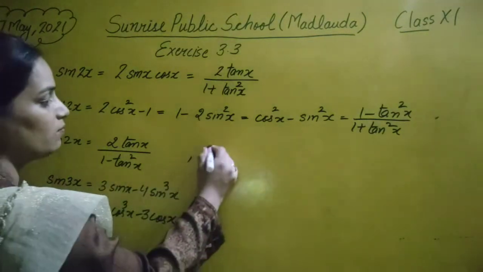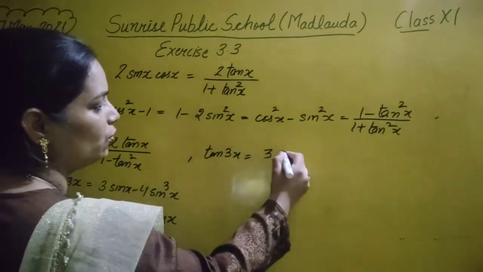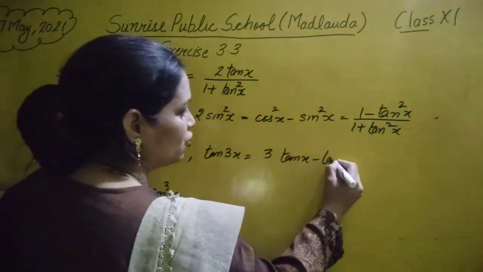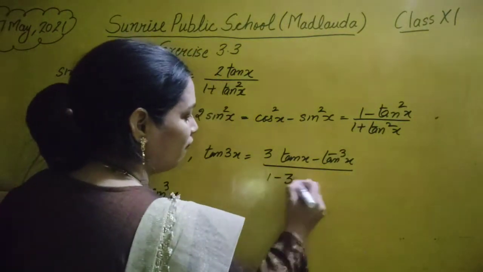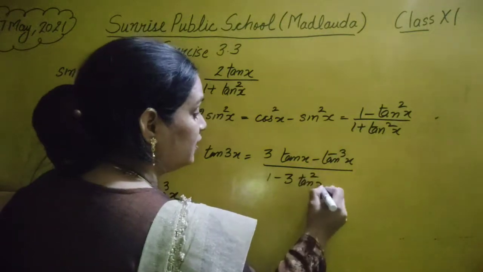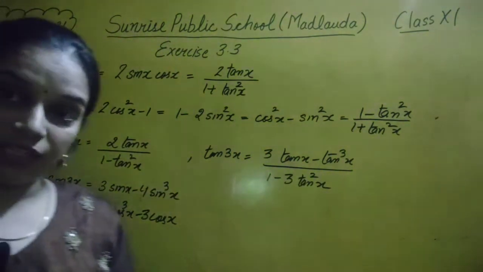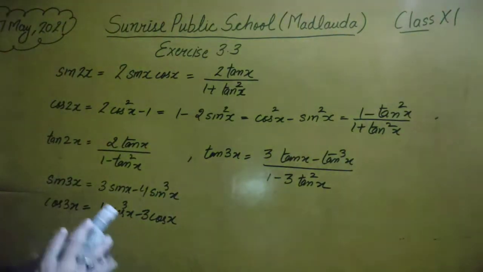If there is tan 3x, then it will be equal to 3 tan x minus tan cube x divided by 1 minus 3 tan square x. These are some more identities you have to learn with the previous identities.